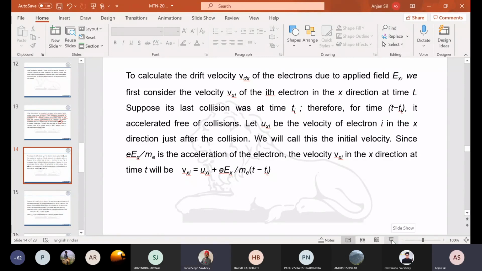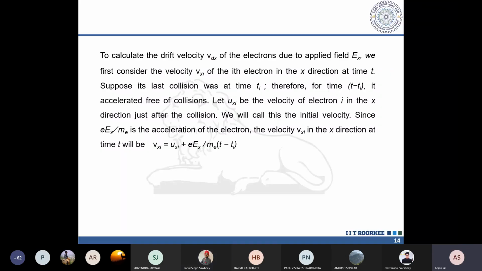Okay, Rahul, yes. When you talk of the drift velocity, the drift velocity is here nothing but Vdx, right? You express it in terms of Vdx, and that is due to Ex. I told you whenever the drifting word is there, the electric field is associated. Without an electric field, there is no drifting phenomenon, there is a natural phenomenon, right?